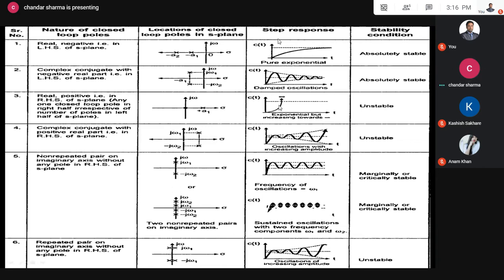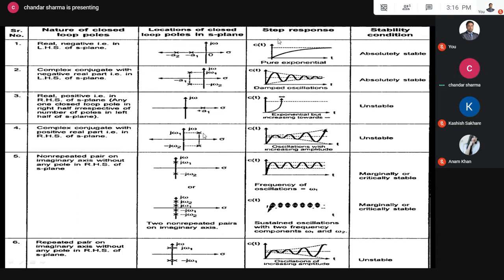If there are poles or roots on the right-hand side of the S-plane, the system is unstable. Complex conjugate roots with negative real part are in the LHS of the S-plane. You can see the poles on the LHS, no problem. The system is absolutely stable. If there are poles on the right-hand side, the system is absolutely unstable.